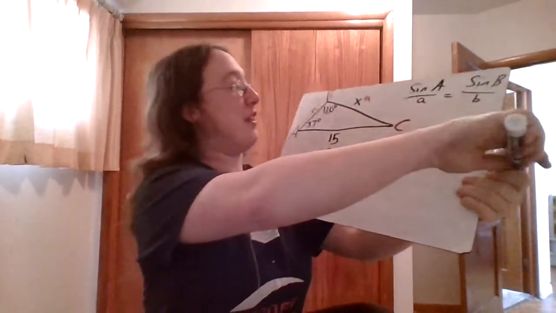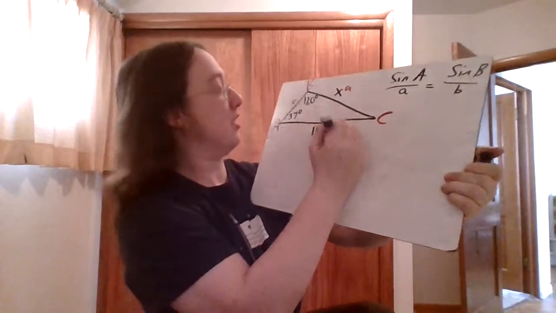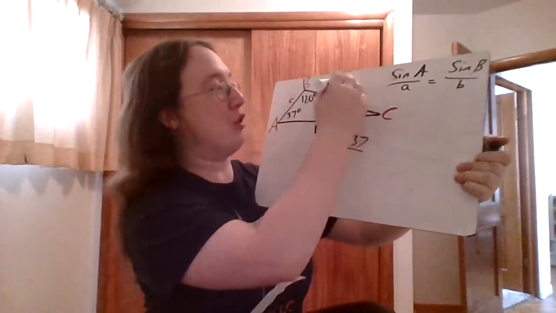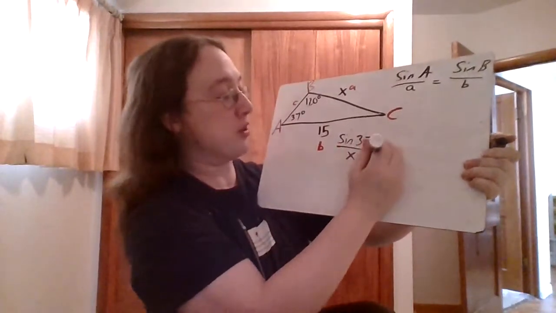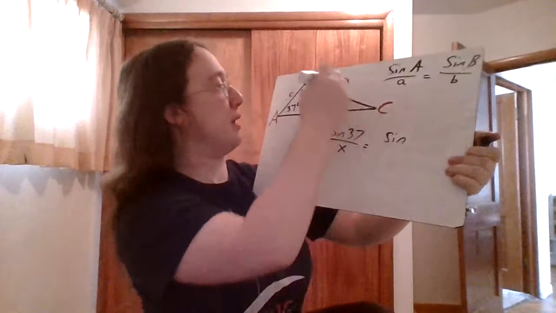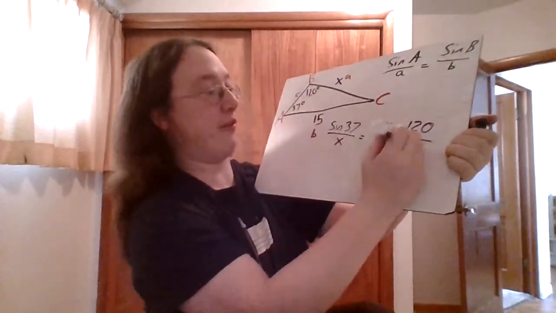So we have the sine of big A, which is 37, over little a, which is x, so that's the thing we're looking for, equals the sine of big B, which is 120, over little b, which is 15.